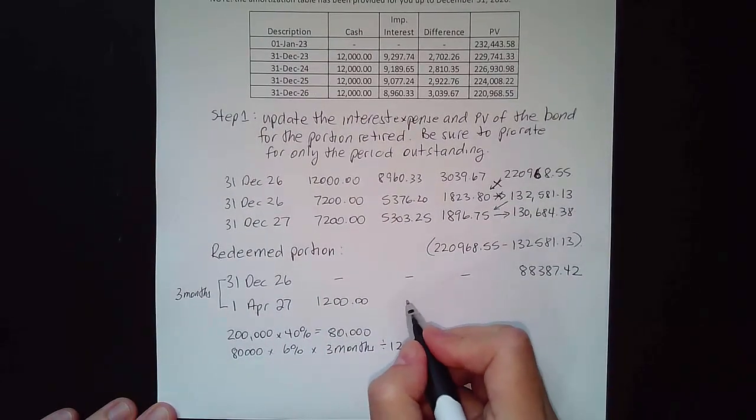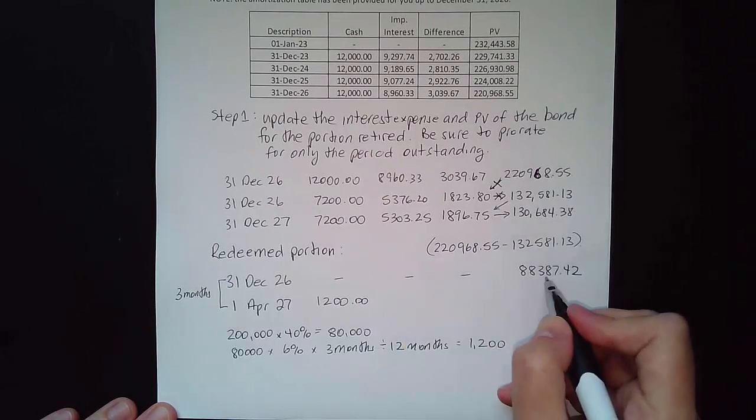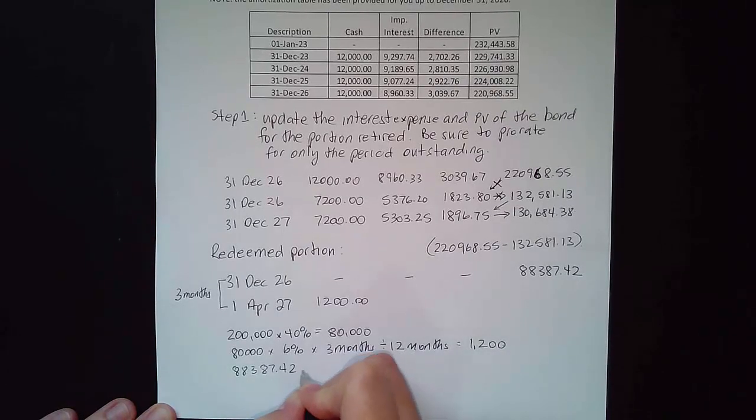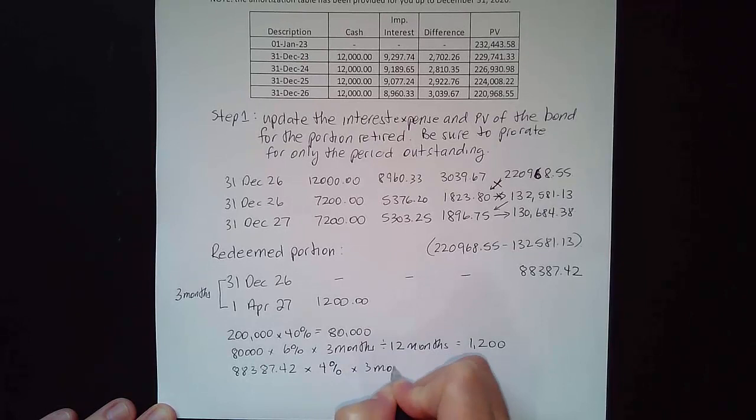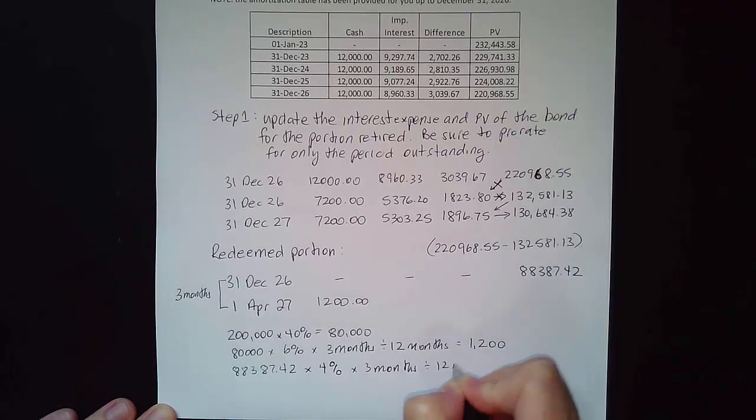I'm just going to move my paper up. Now, what is the implicit interest? Well, don't forget the implicit interest is calculated on the present value, and we have the present value, $88,387.42. We're going to multiply that by the market rate of 4%. Then we're going to multiply that by the 3 months and divide it by the 12 months.